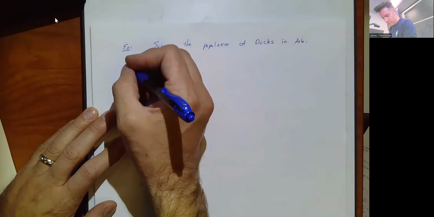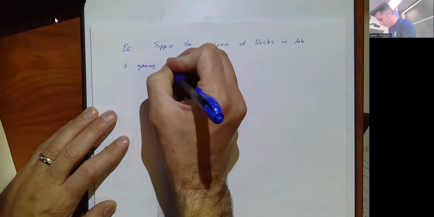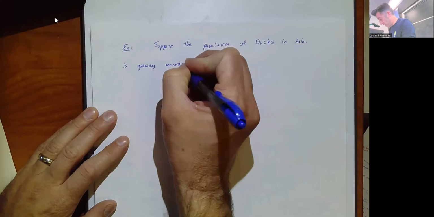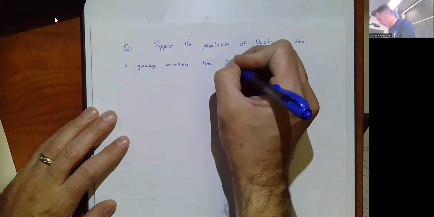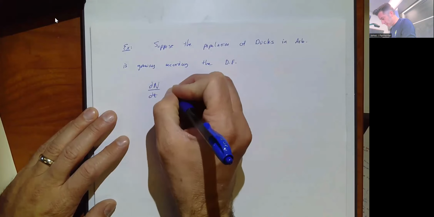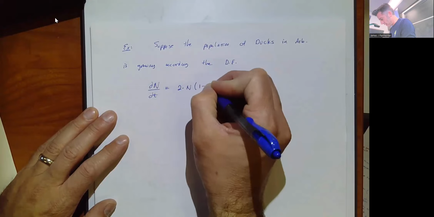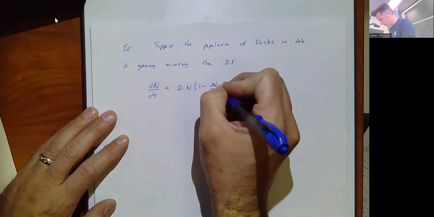Suppose the population of ducks in the Arboretum is growing according to the differential equation dn/dt equal to 2 times n times 1 minus n over 1,000.